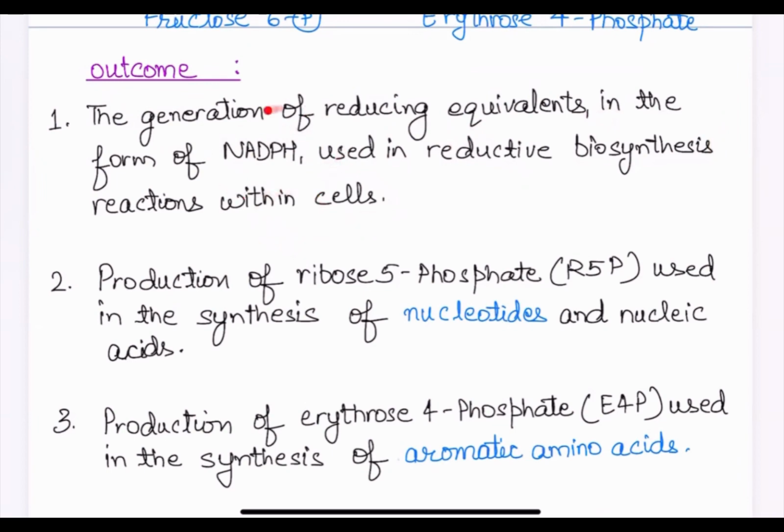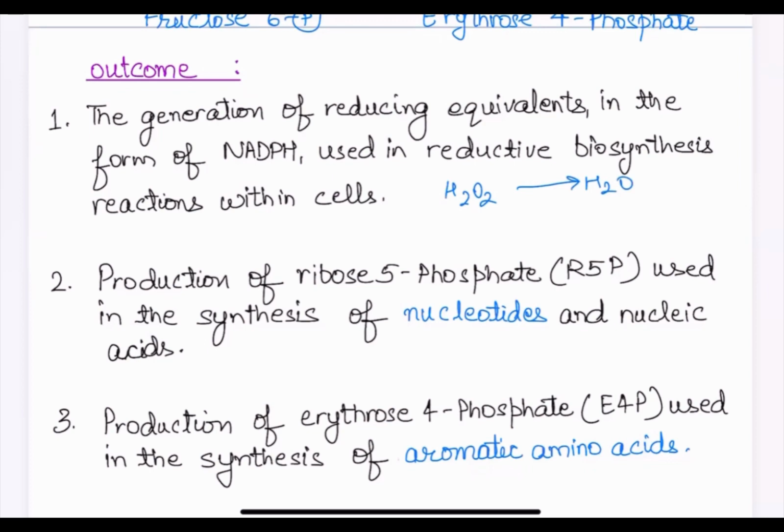Why is NADPH so important? Because it helps to combat oxidative stress. Now, what is oxidative stress? The type of free radicals which are formed inside our body during various metabolic reactions can be toxic to the body. So those free radicals like H2O2 are converted to H2O.